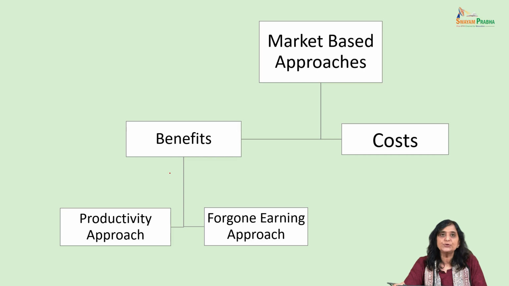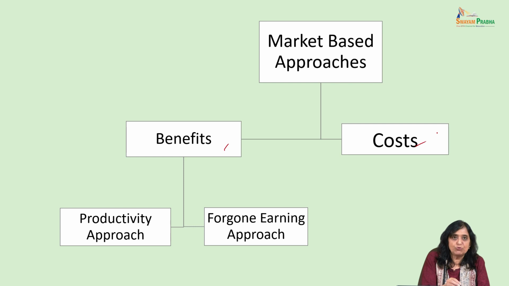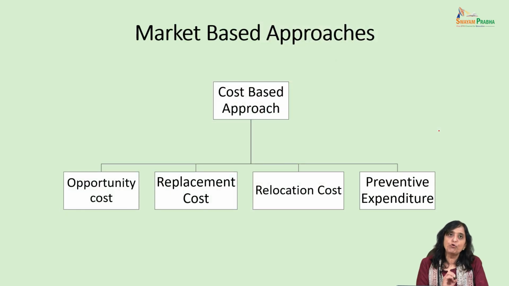If we want to see it graphically, the market-based approach can be divided into benefit-based or cost-based approach. If we talk about the benefit-based approach, there are two ways of doing environmental valuation. One is called the productivity approach, the other is called the foregone earning approach. However, when you look at the market cost-based approaches, there are four methods.